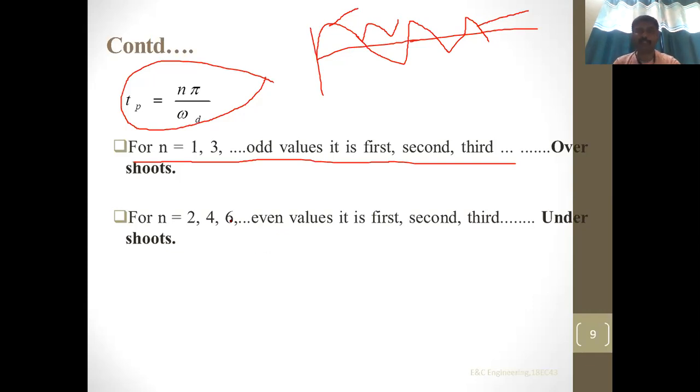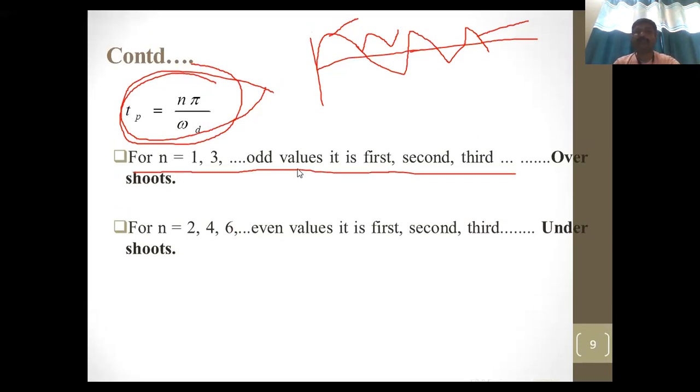You need to understand this clearly, and this is the generic relation: TP is equal to n pi by omega d, and this n is chosen based on the overshoot and undershoot, for the first, second, and third, and so on, with respect to odd and even values. Is it okay? And this is the expression for peak time. Now we learned how to derive the expression for TD, how to derive the expression for TR. Then we also learned how to derive the expression for TP, that is the peak time.